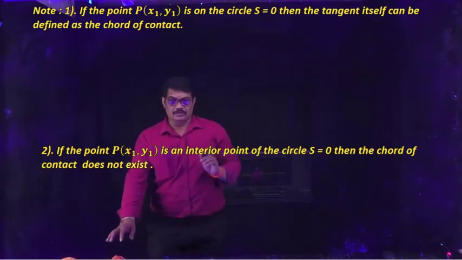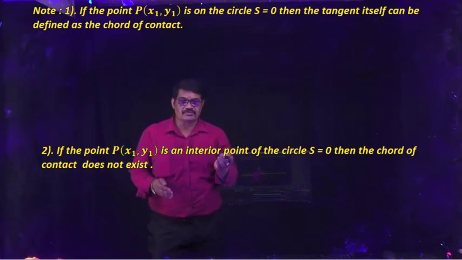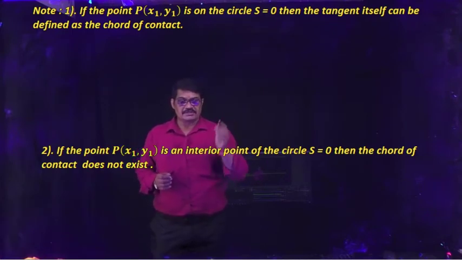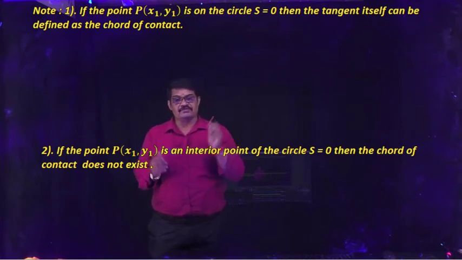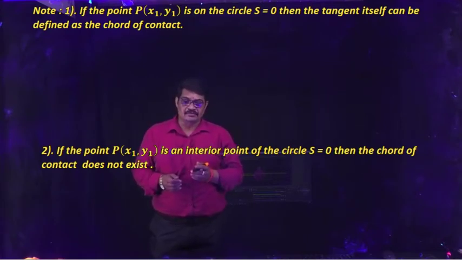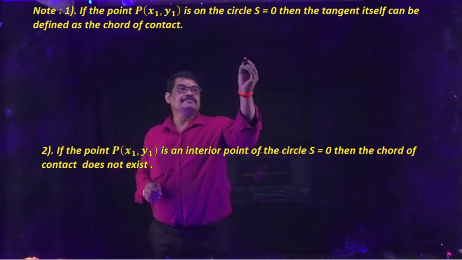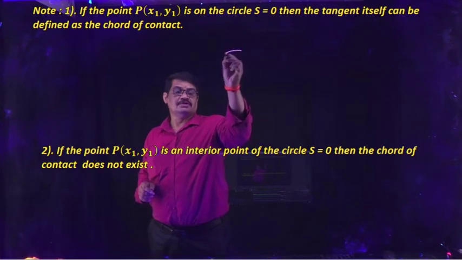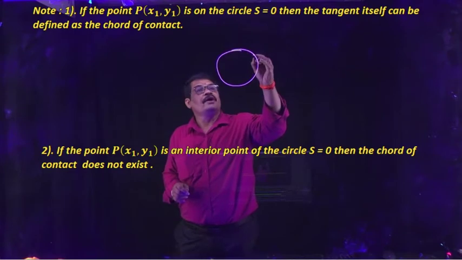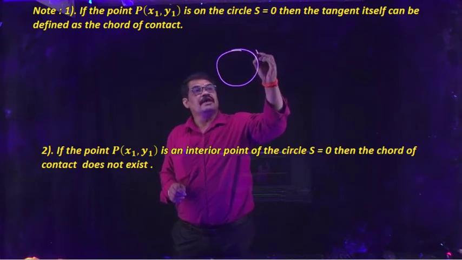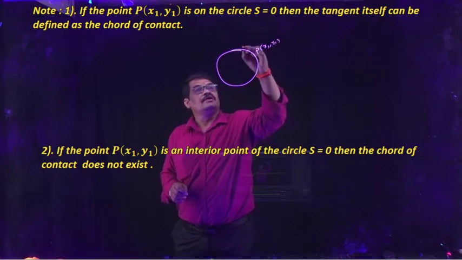See the note here. If the point P(x1, y1) is on the circle S = 0, then the tangent itself can be defined as the chord of contact. Suppose this is the circle and the given point lies on the circle.